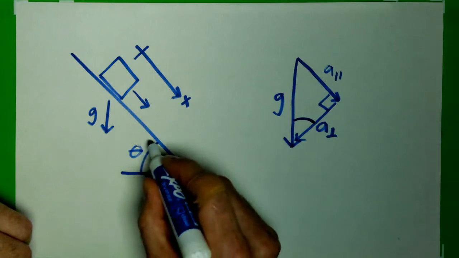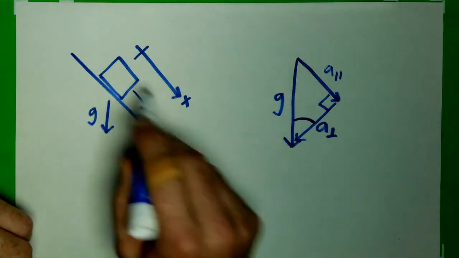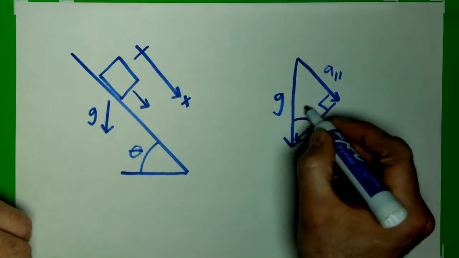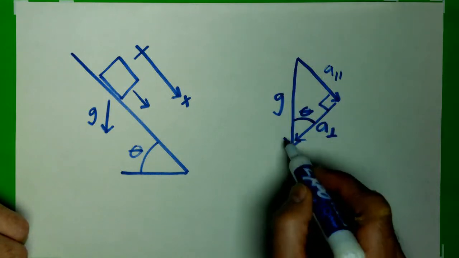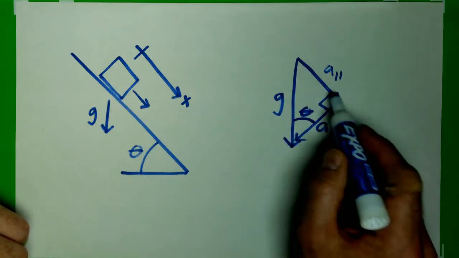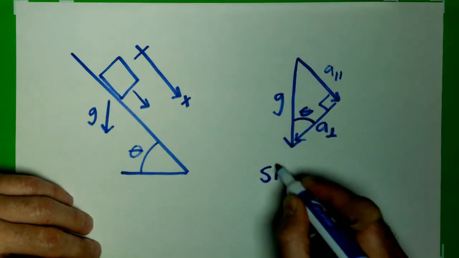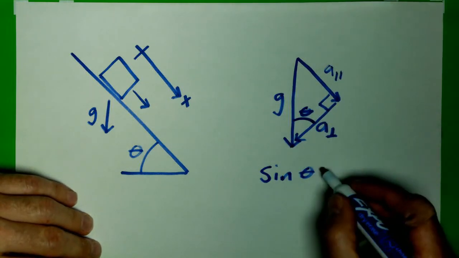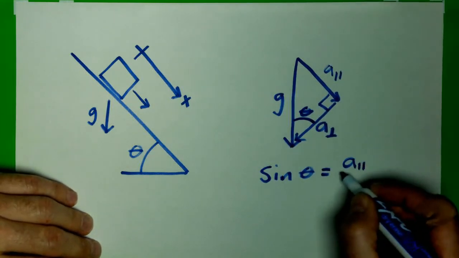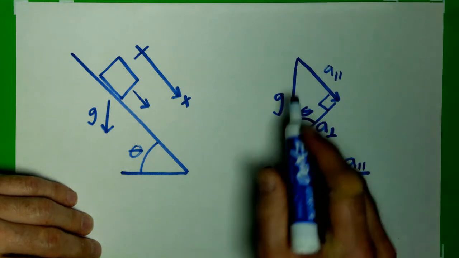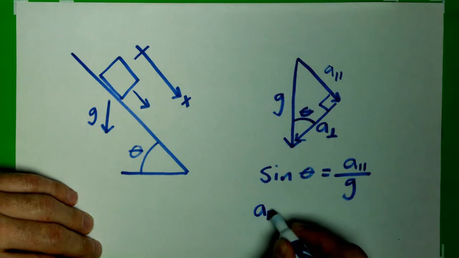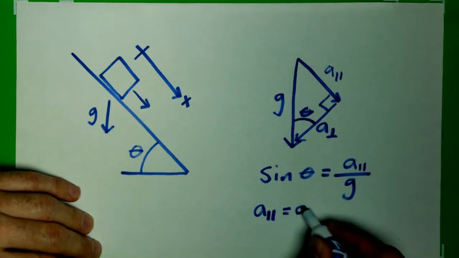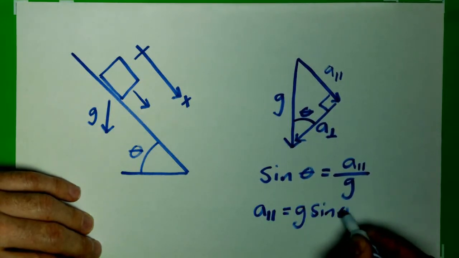But the angle theta, if it's measured up from the horizontal for our physical picture, is opposite this parallel acceleration in this diagram here, which says that if g is the hypotenuse and A parallel is the opposite side, then the sine of our angle of inclination is equal to our acceleration parallel to the ramp divided by g, the hypotenuse, opposite over hypotenuse, which means the acceleration we care about is equal to g sine theta.